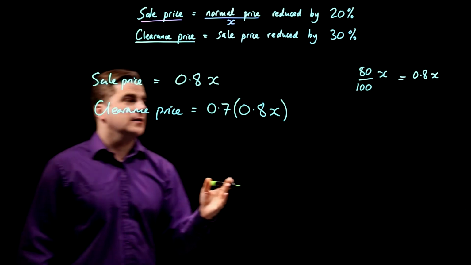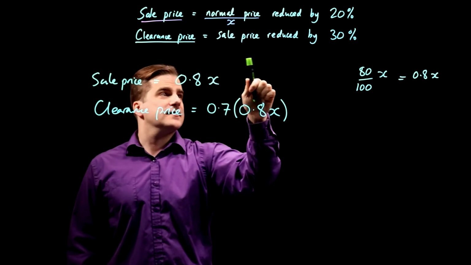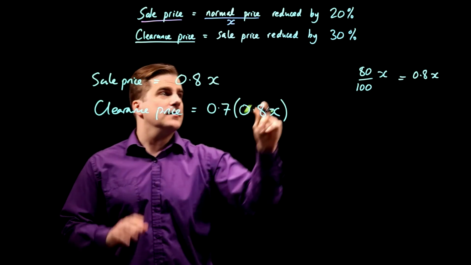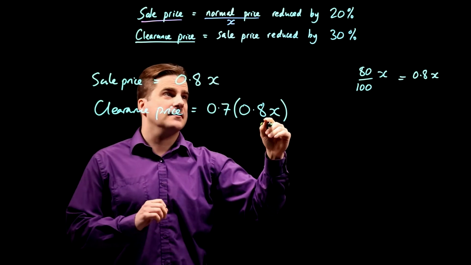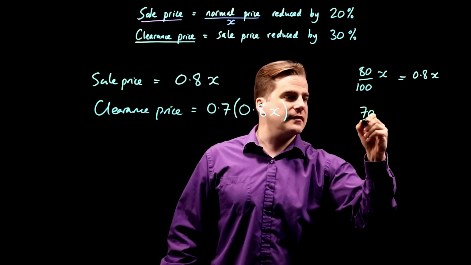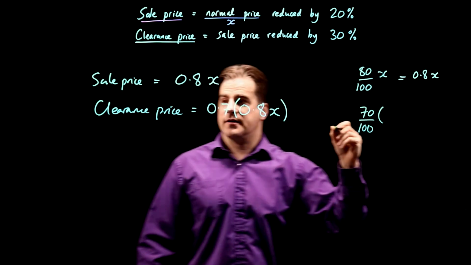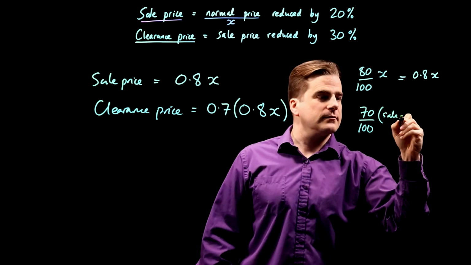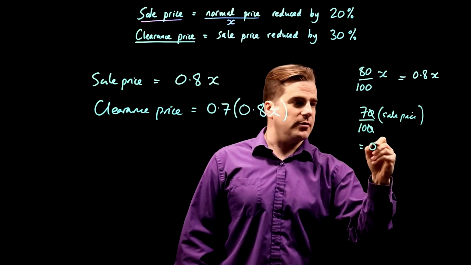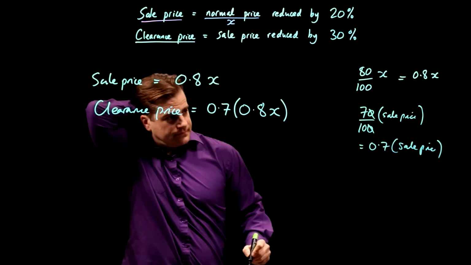Again, I'll just demonstrate that over here. The clearance price is 70% of the sale price, because we're reducing the sale price by 30%, so we're keeping 70% of the sale price, which is 7 out of 10, or 0.7 of the sale price.